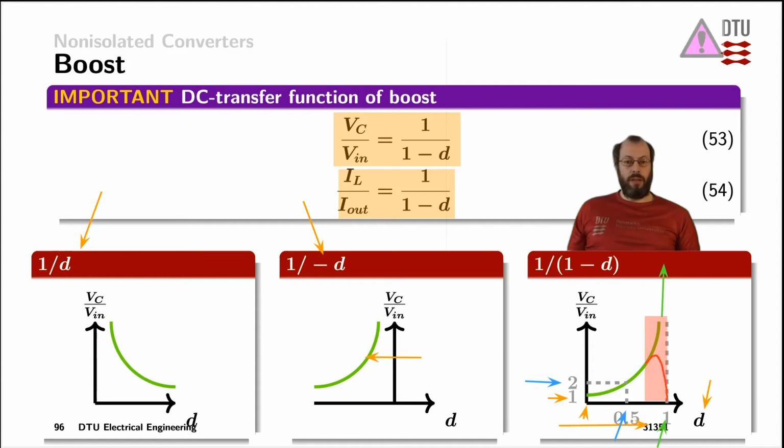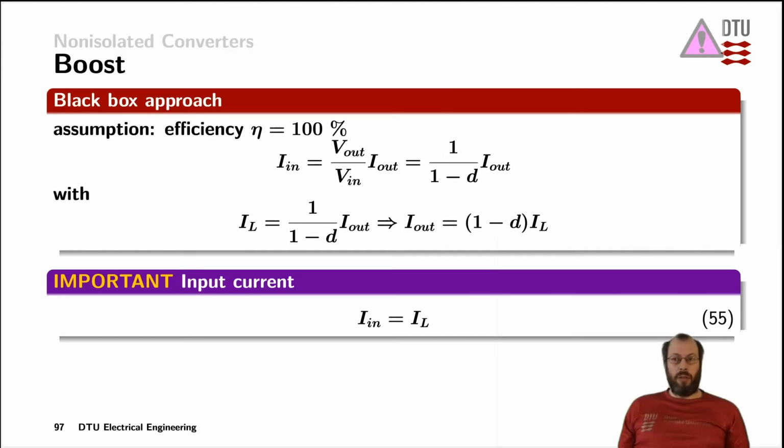For most of the investigations on boost converters in this course, we therefore try to stay outside the red operating area as it is drawn in this diagram. By making a further assumption again that the converter is 100% efficient, we can rewrite the ratio of the input current to the output current as the inverse of the current transfer functions.